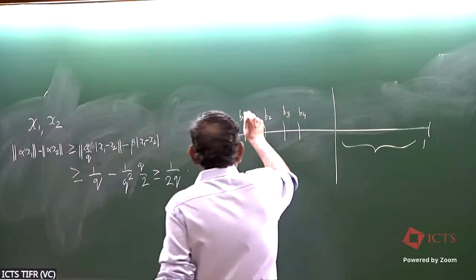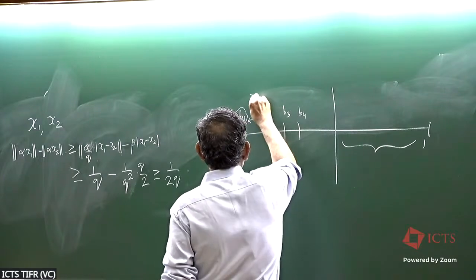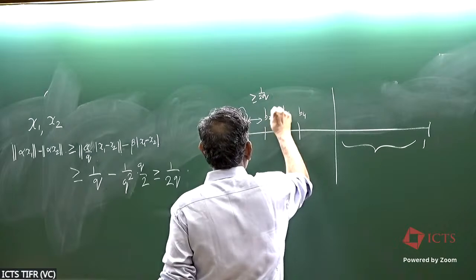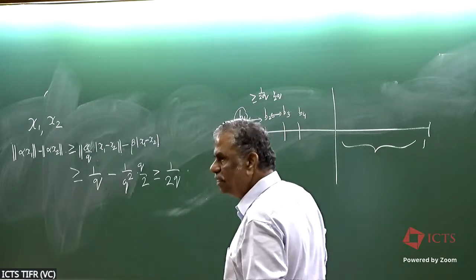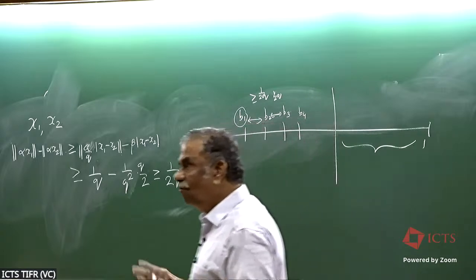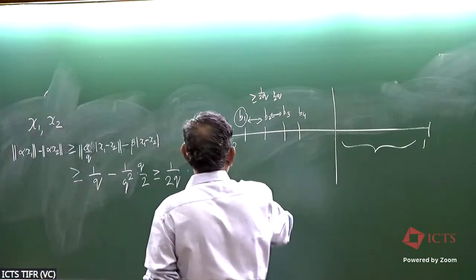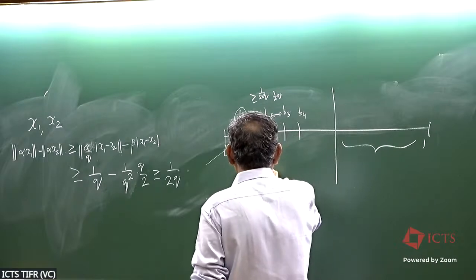And now what do I know about this number? This distance is at least 1 over 2q, this distance is at least 1 over 2q, etc. They are distance 1 over 2q apart. Good. And anyway, I don't know much about this number. But this number is at least bigger than 1 over 2q.